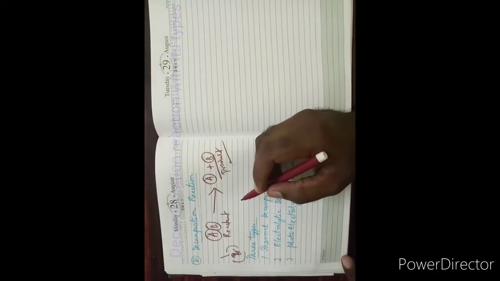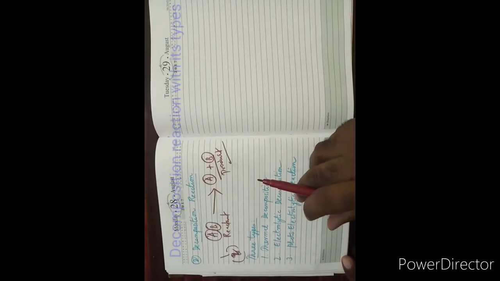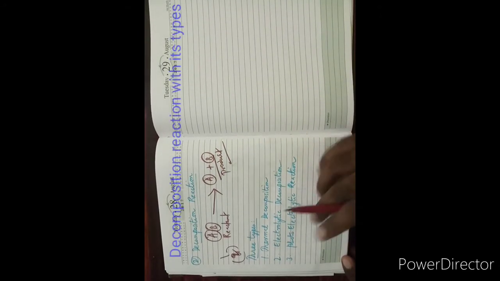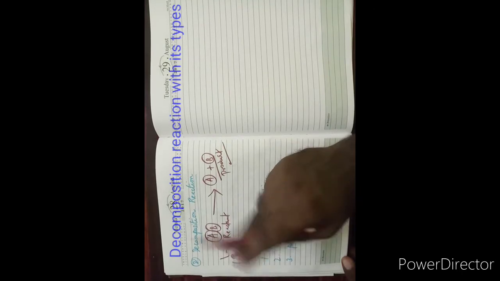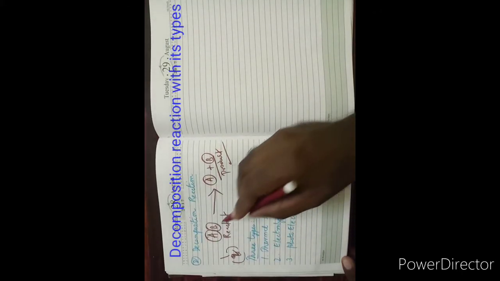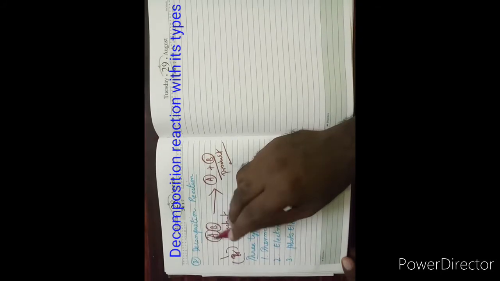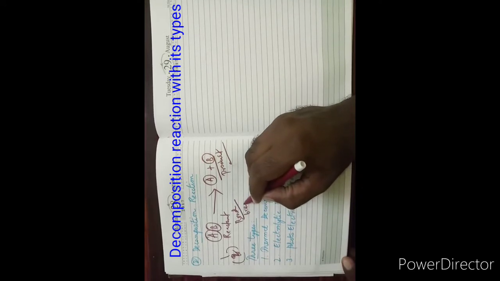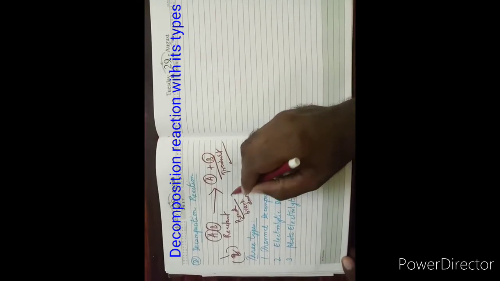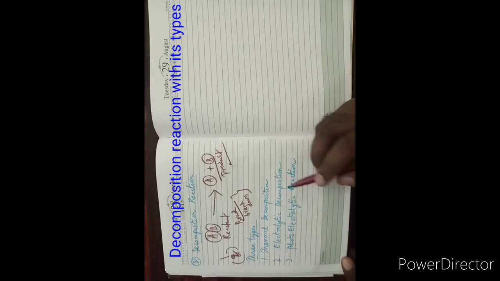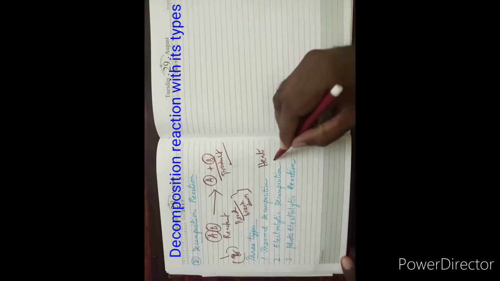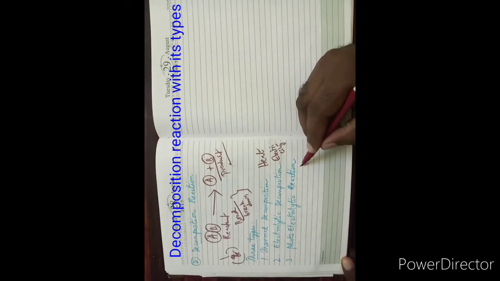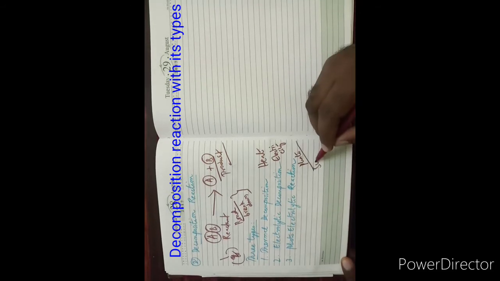So based on the application of heat or electricity or sunlight, the bond which is in the reactant will be split out. For example, AB is a compound, it has some bond, and that bond is broken down with the application of heat, electricity, or photo, that means sunlight.